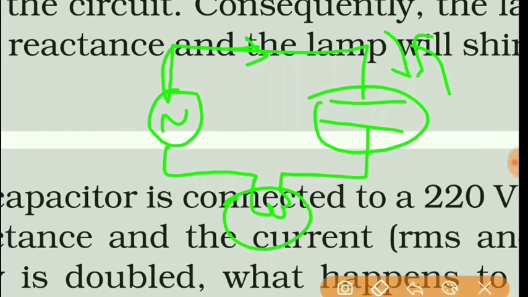So in that process the current does flow, and as a result the bulb will also glow, because a capacitor allows AC current to flow. It will not allow DC current to flow.